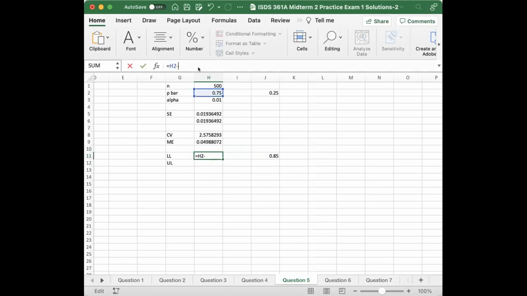Lower limit is going to be minus our margin of error. Our upper limit is going to be p bar plus our margin of error. So we can see that 0.85 does not lie within this range, right? 0.85 is above the upper limit. So that means that we reject the claim.